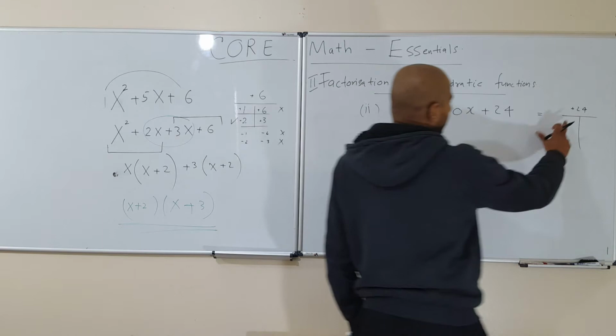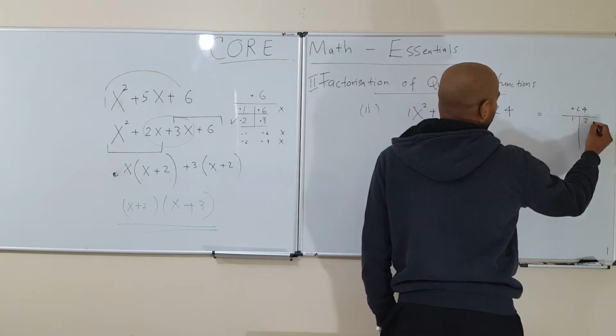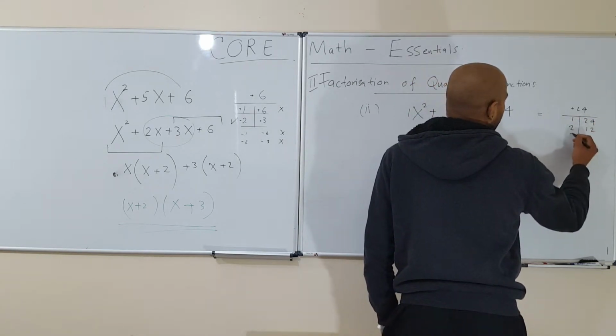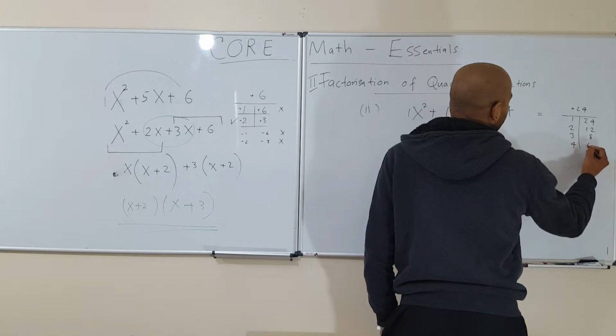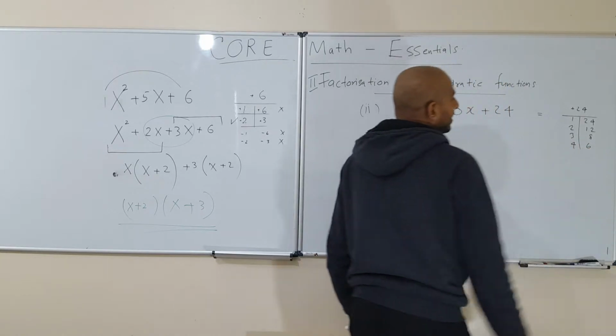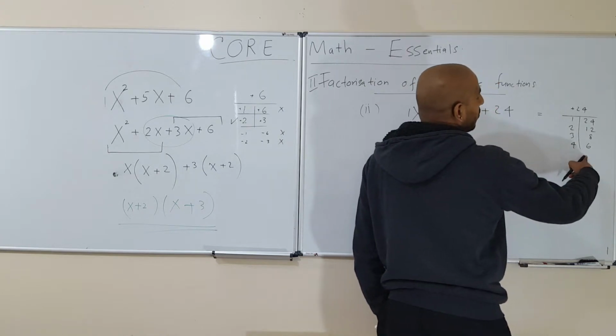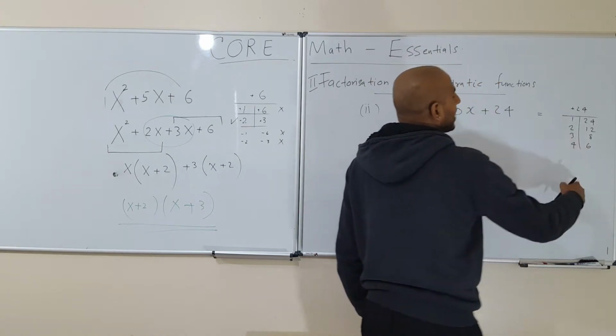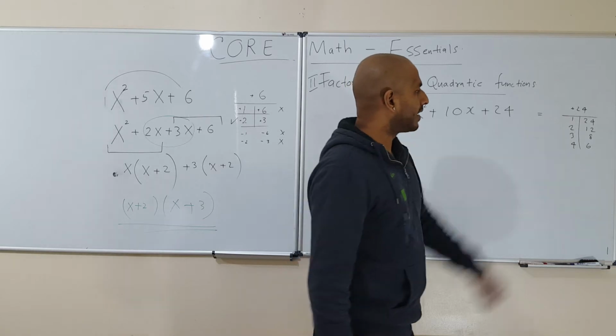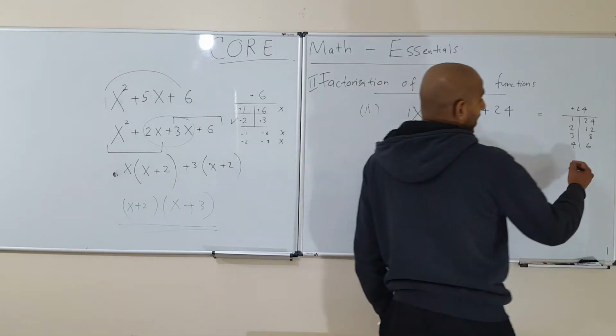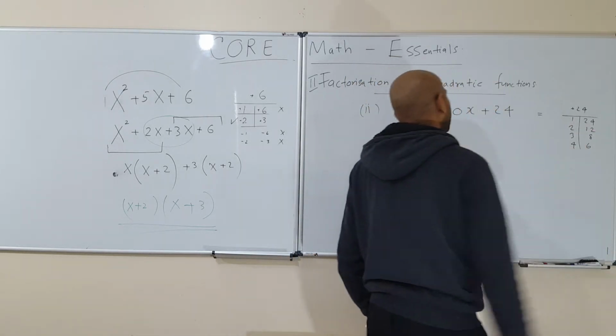Let's write all the possible factors here. 1 times 24, 2 times 12, 3 times 8, 4 times 6. Again, 6 times 4, you got it. And 8 times 3, the same thing. And obviously, if you want, you can go for 12 times 2, that's the same thing.